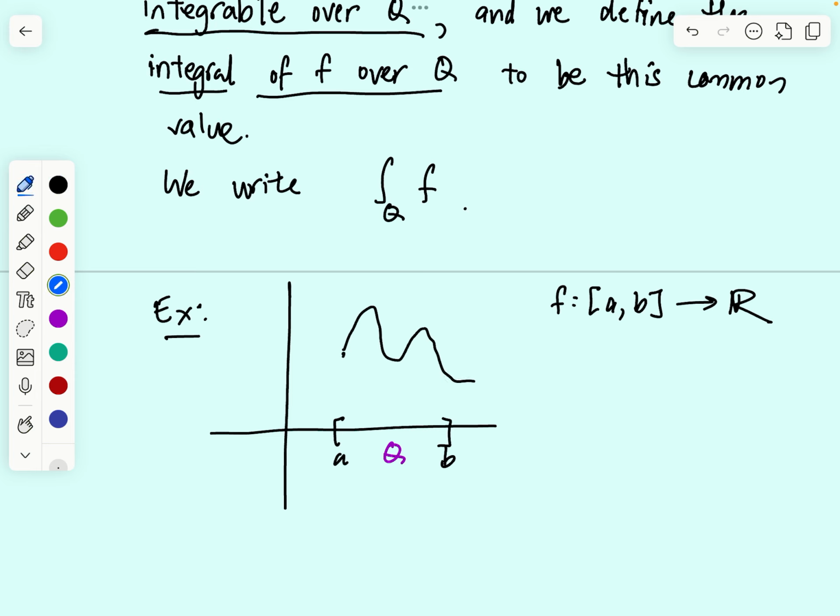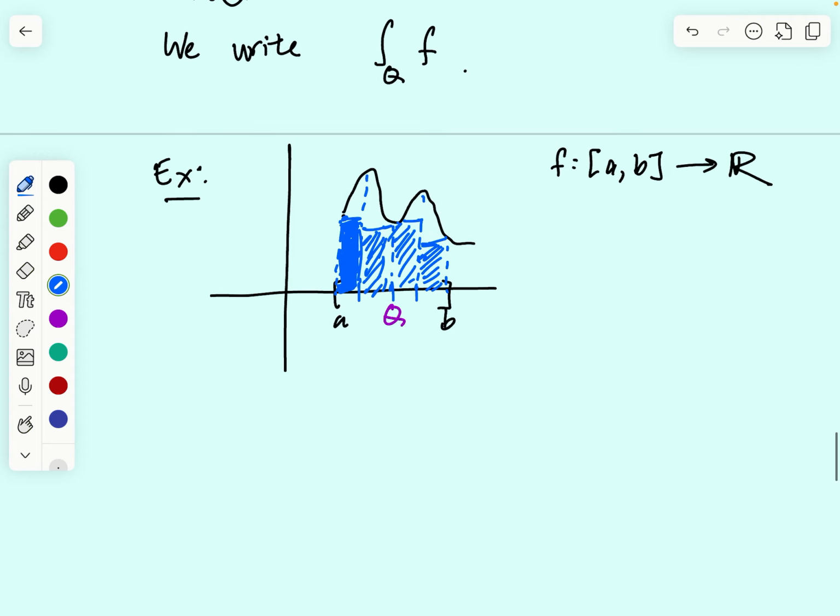That's what you get when you take a partition and then you take the smallest value of the function. So the lower sum here would be this value times the width of this rectangle, so it gives you the area of this piece. And then here you have something like this, and here something like this. That would be the lower sum associated with this partition.